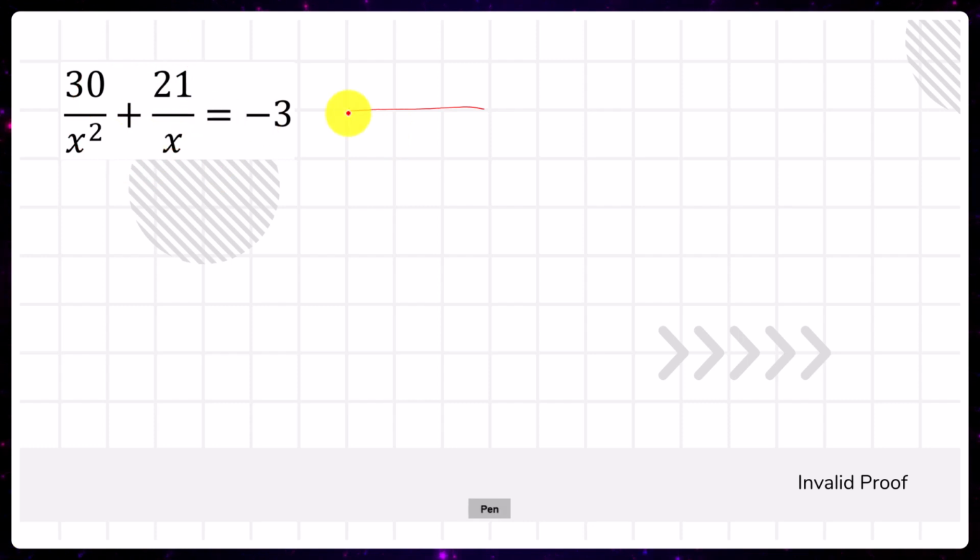First of all, this would be x to the power of 3, right? Just multiply them and you get this. This is the method that we're using. So 30x plus 21x equals minus 3, right? Simple.